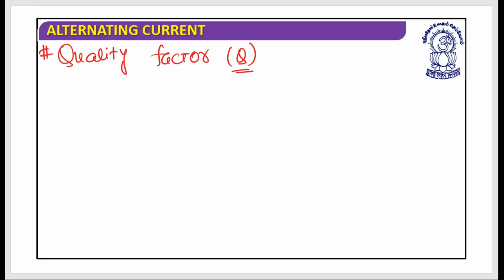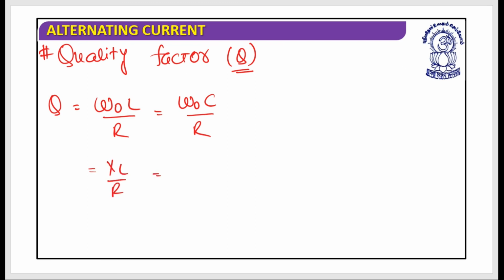Quality factor Q is basically the ratio of omega naught L by R, or the ratio of omega naught C by R. So it is the ratio of XL by R, or XC by R.